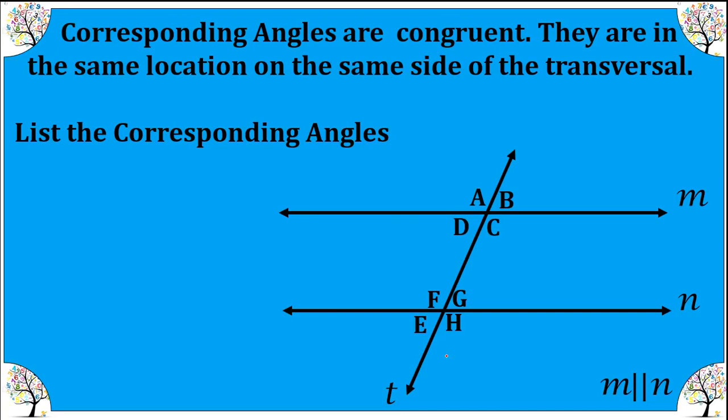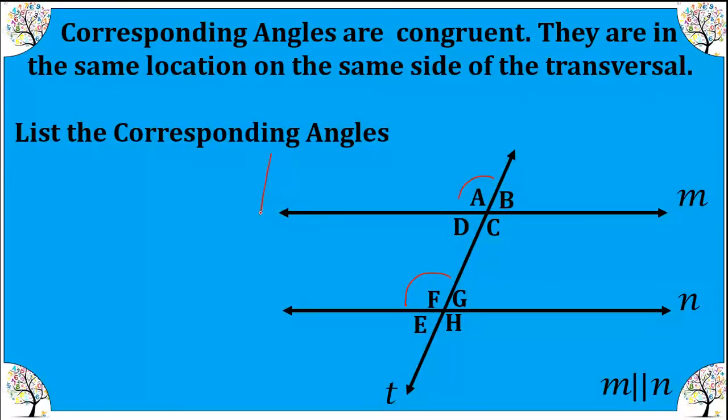Okay, let's take a look at our next pair of angles that are congruent, and these are called corresponding angles. Corresponding angles are in the same location in respect to the transversal. So for example, angle A corresponds to angle F. They are both on the left side of our transversal and they're both on top of their parallel line.